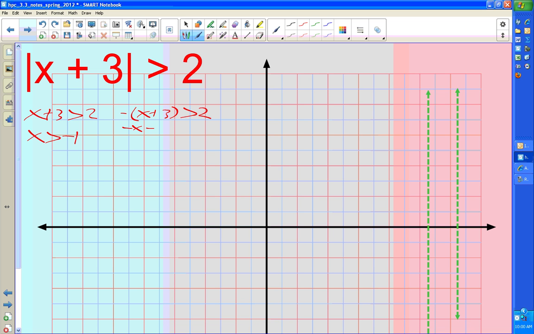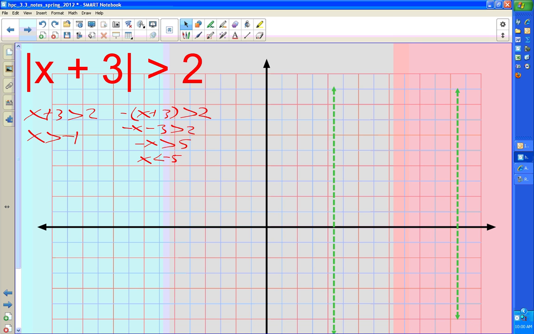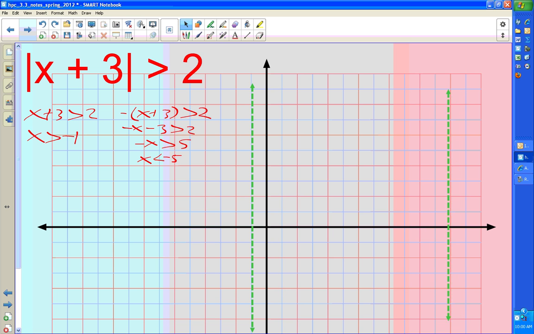When we solve this, we get x is less than -5. Here's -1. Here's -5. They're vertical lines at those points, x equals -1 and -5.